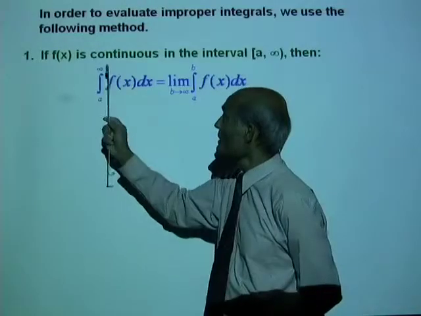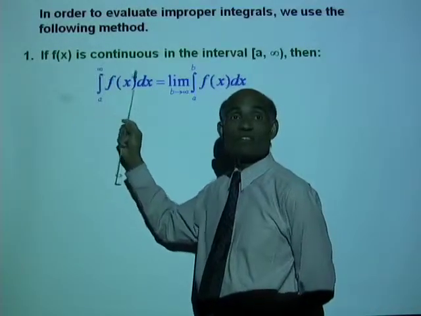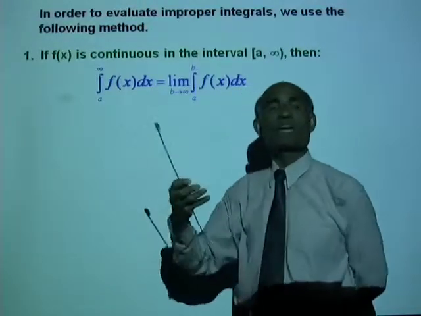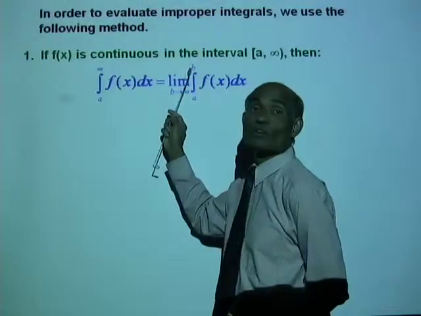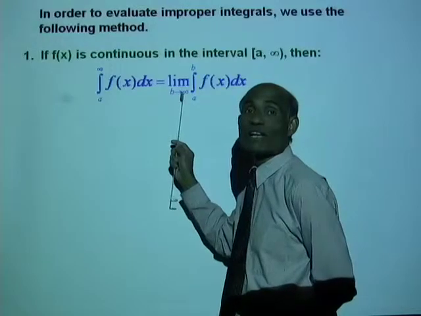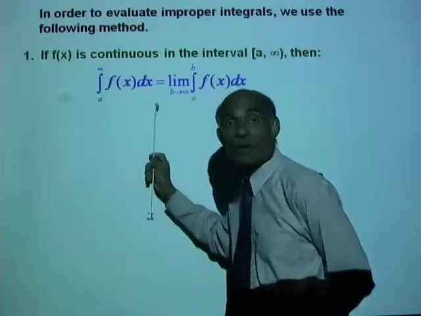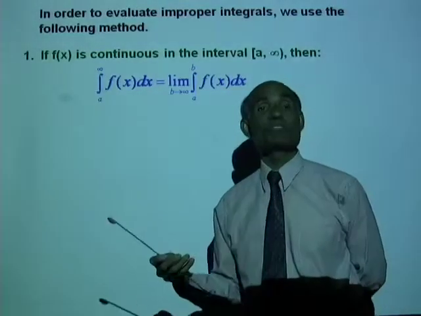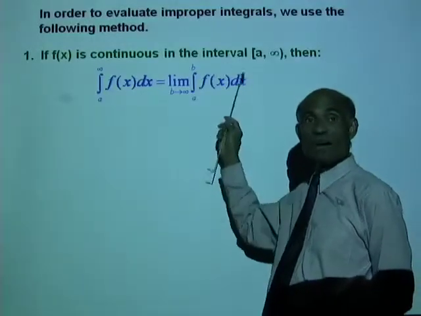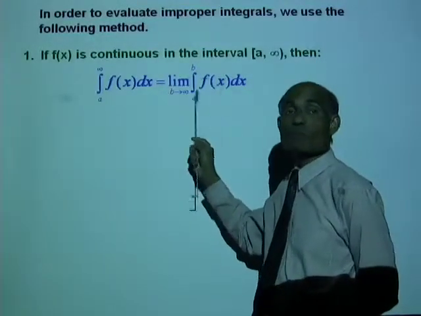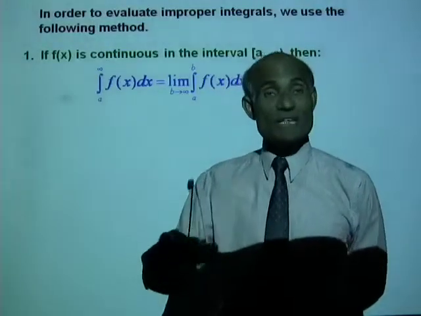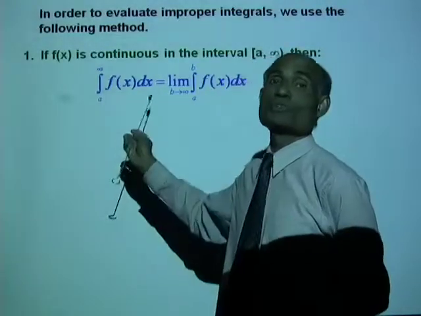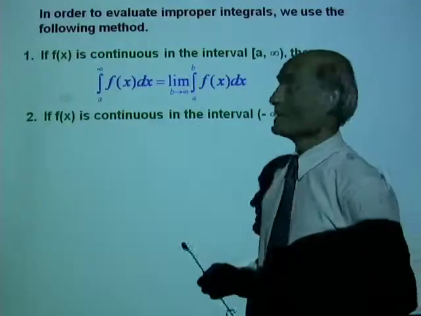In other words, the infinity limit is replaced by a finite number b, and then we take the limit of the value of that integral when b goes to infinity. We know the skill of taking the limit of functions, so we will use that here.